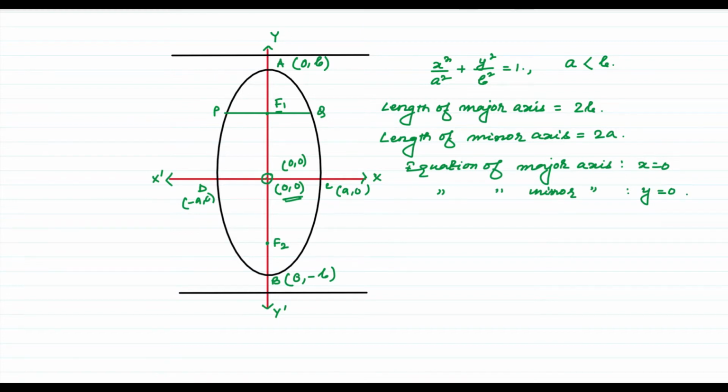Next, the directrices. The equations of the directrices are y equals b by e and y equals minus b by e.